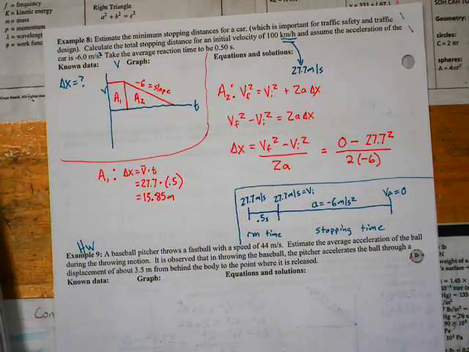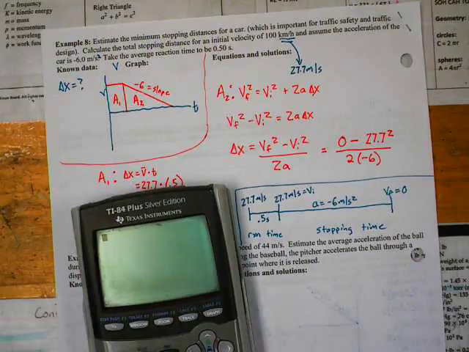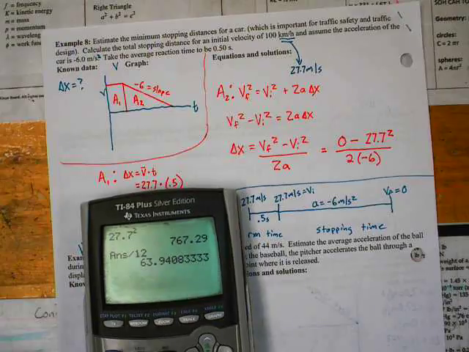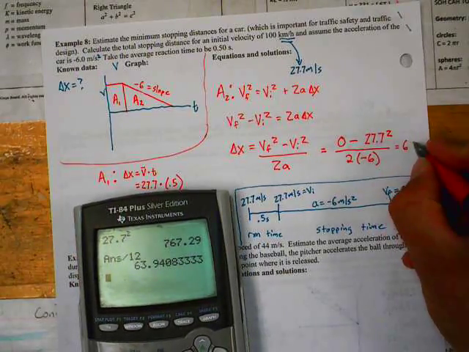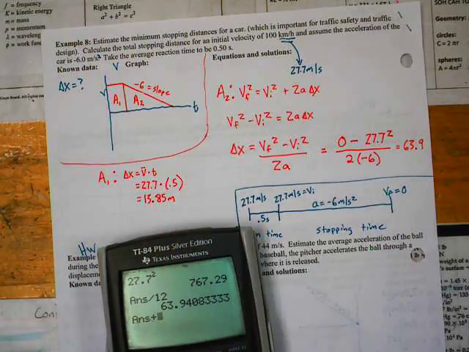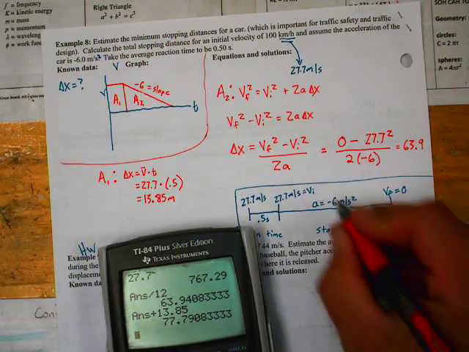I rounded up to 28 when I did this, so I'm going to punch it in again. I got 63.9. Then we add on our 13.85, and we'll get the total distance of 77.8.